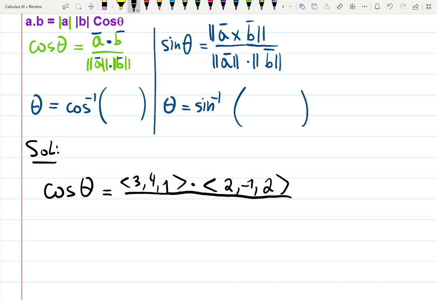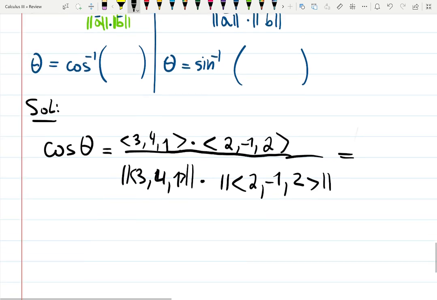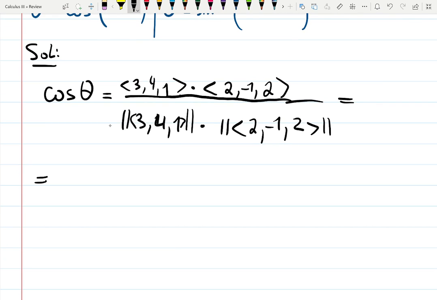Then I need to find a magnitude of 3, 4, and 1 times a magnitude of 2, minus 1 and 2. The other way around. Vector, magnitude, magnitude. Writing it actually is harder than the calculations.